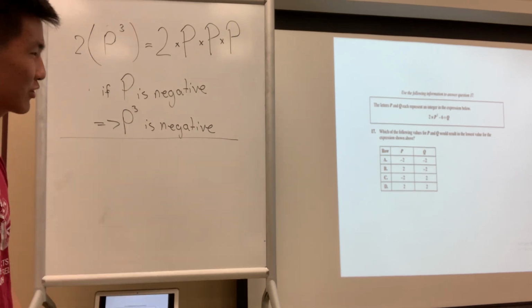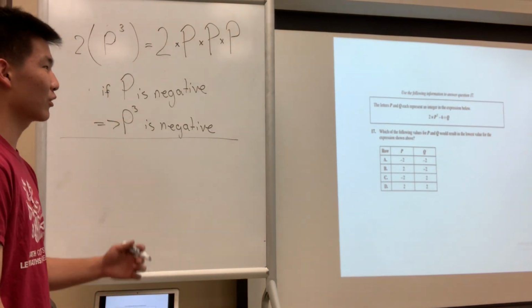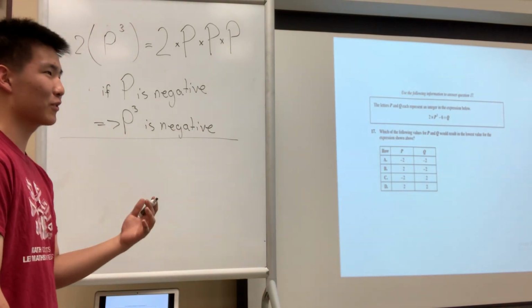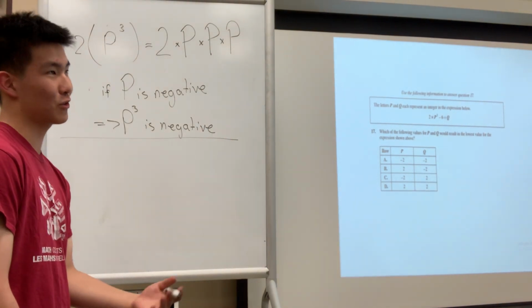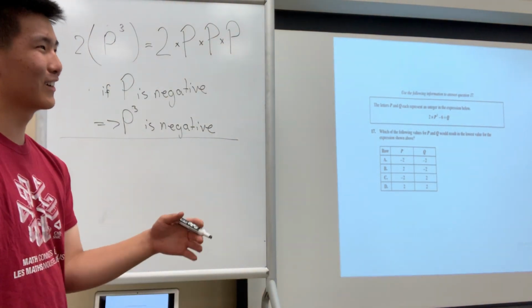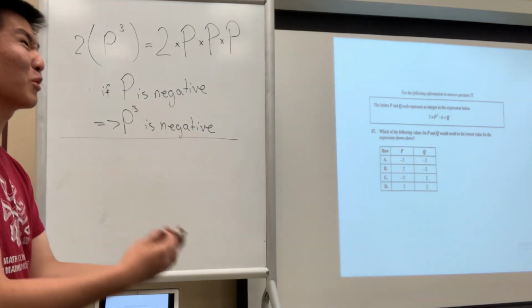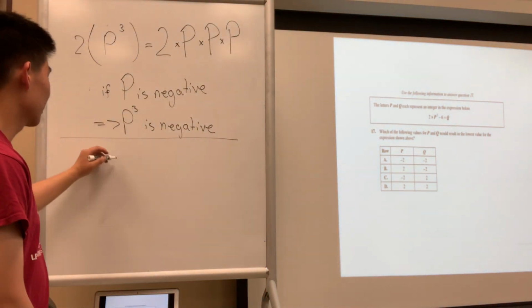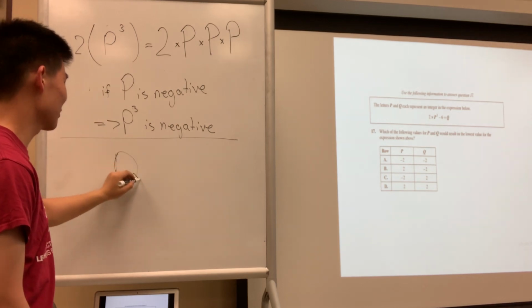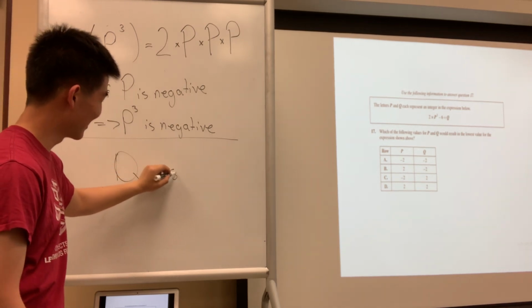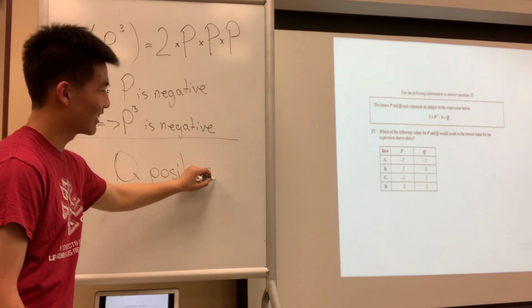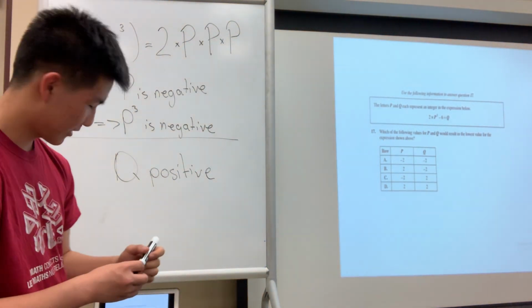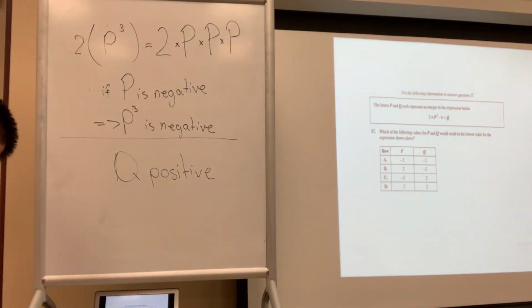There's no exponentiation. There's nothing funky going on there. So if q is positive, then negative 6 divided by q is negative, which is good because we want the most negative thing. So we want q to be positive. Holy crap. And the only answer there is C. That's the right answer.